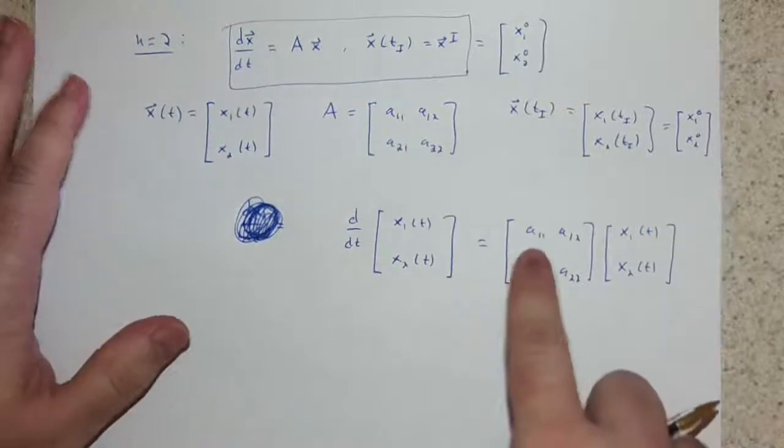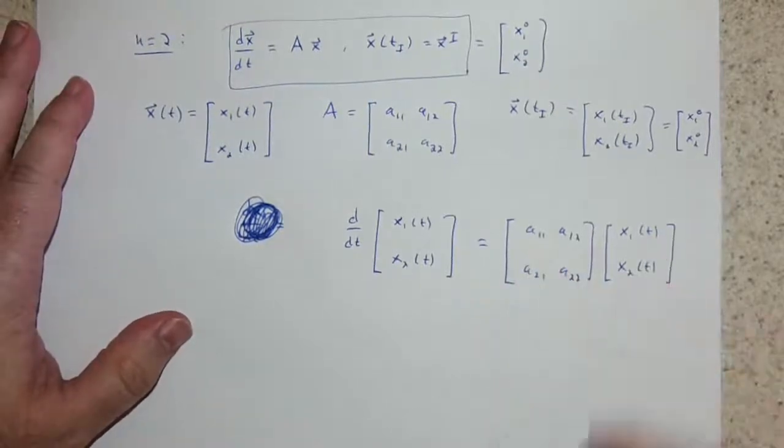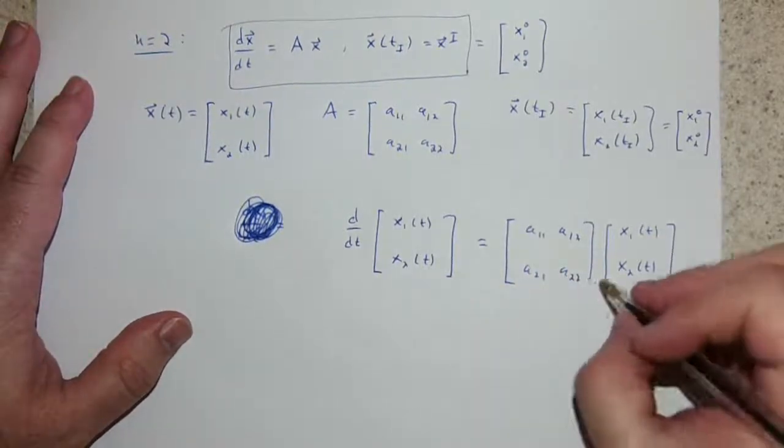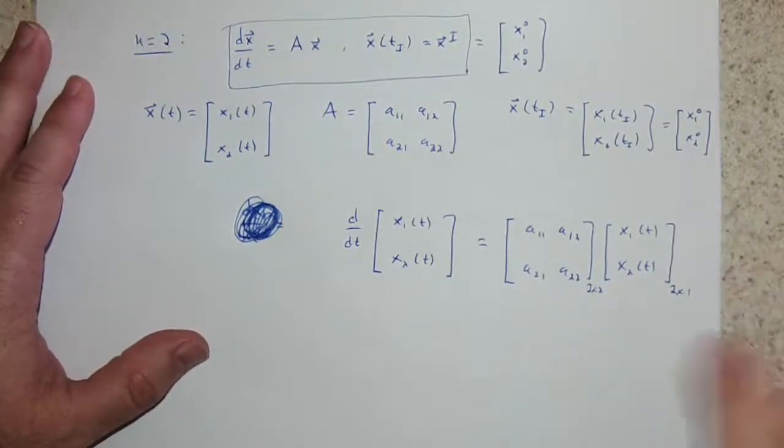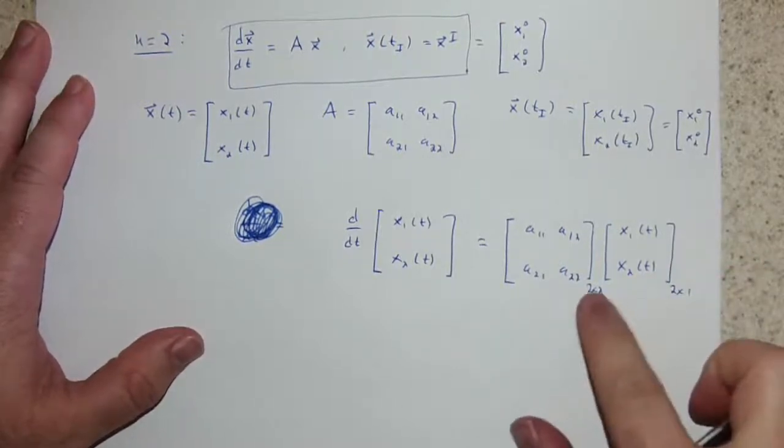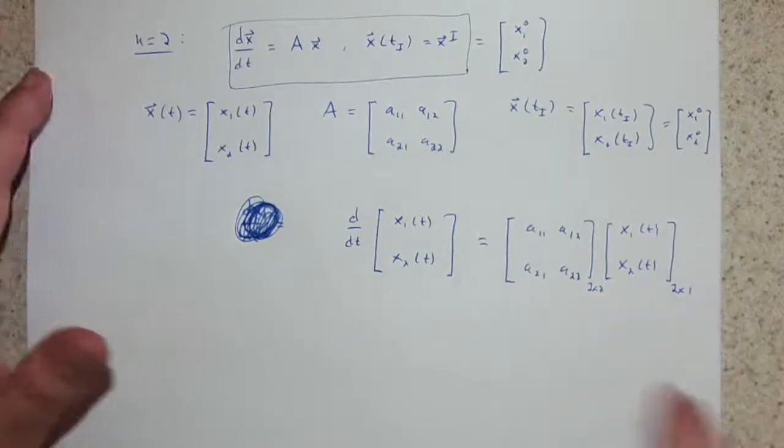Now, I'm going to do matrix multiplication here. Of course, matrix times vector works fine as long as the sizes match up. This is a 2 by 2. This is a 2 by 1, so the resulting thing should be a 2 by 1 column vector, right?